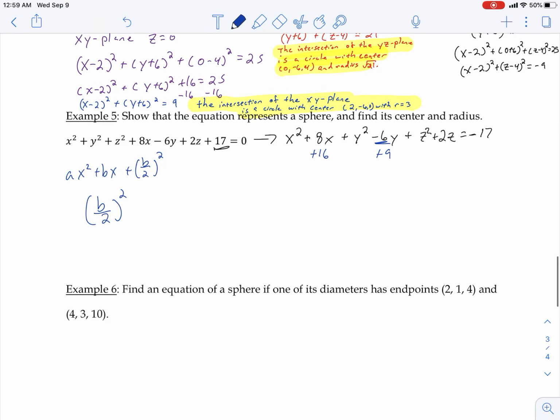And then for 2 divided by 2 is 1. 1 squared is going to be 1, so we need to add 1. And so in total, we need to add 16, 9, and 1 to the left-hand side. So because I moved 17 over to the right, all I need to do to balance this equation is now I'm going to add 16, I'm going to add 9, and I'm going to add 1 to the right-hand side.